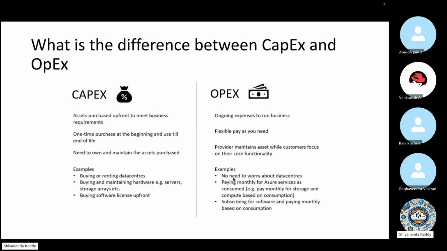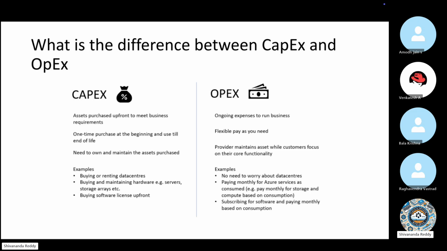Remember. So for examples, no need to worry about the data centers, because the data center is managed by the cloud provider. Paying monthly for Azure services, AWS services, whichever cloud you're using, you pay the rent for them. Examples: monthly storage and compute based on consumption, subscribing to software and paying monthly based on consumption. Even nowadays, many things are based on OPEX.